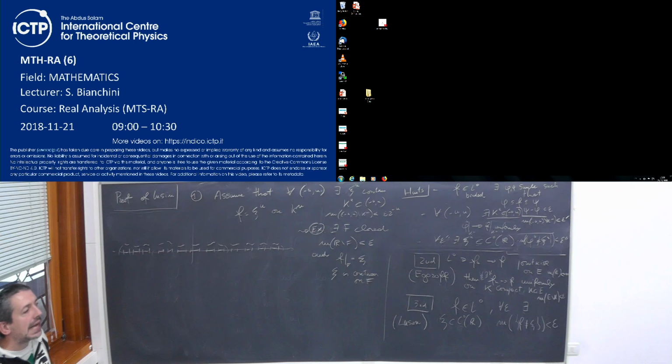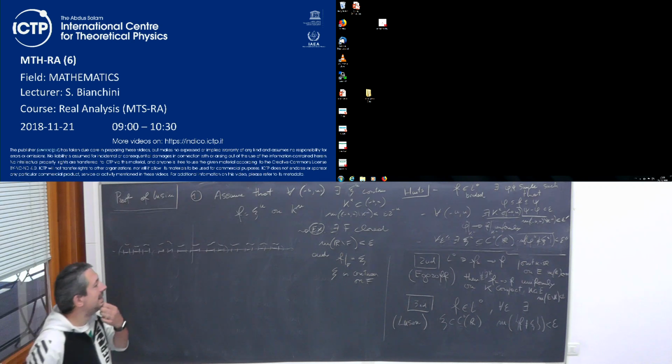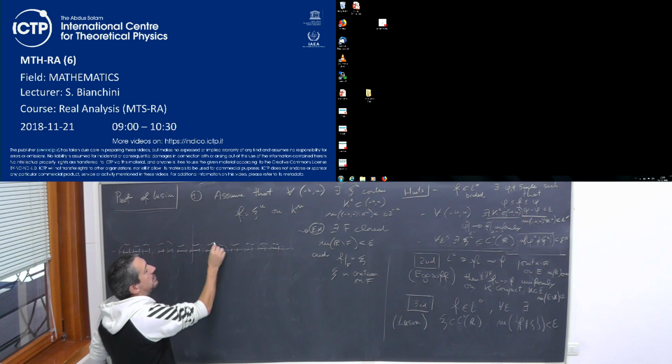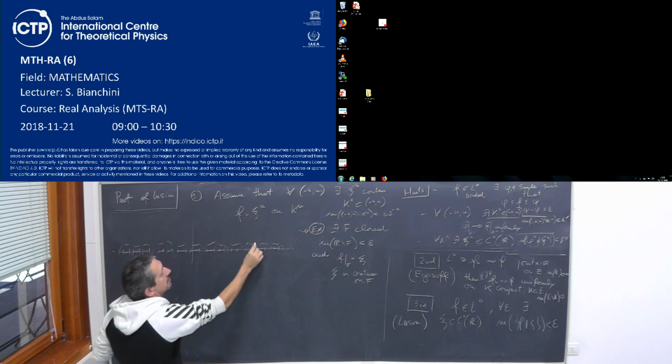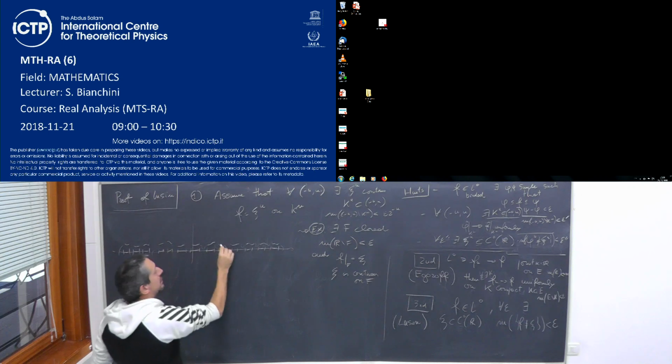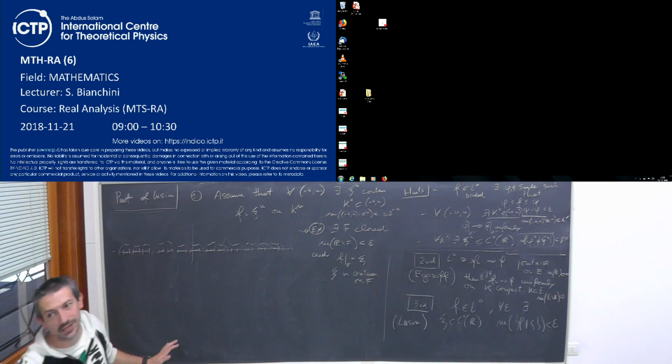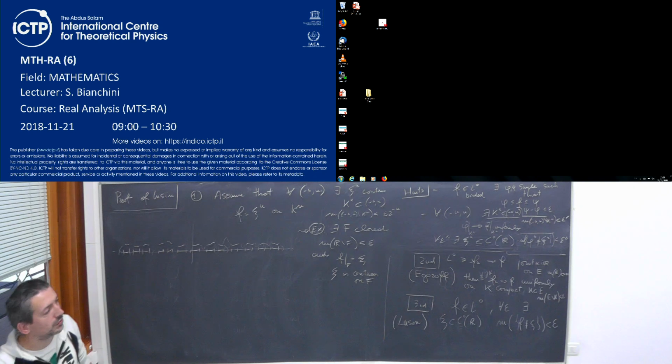So psi can be extended to a continuous function on R, because the trouble is that these psi n are continuous outside, but I'm not saying they agree. Only on these sets the value is fixed, so certainly they converge to a function which is continuous on F. Well, yes.